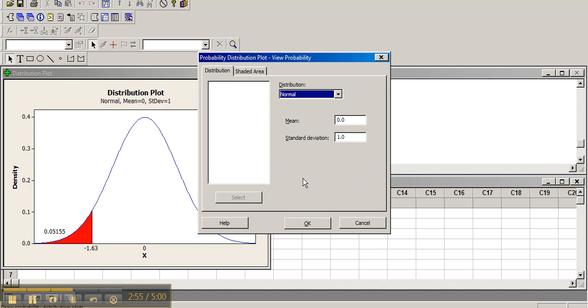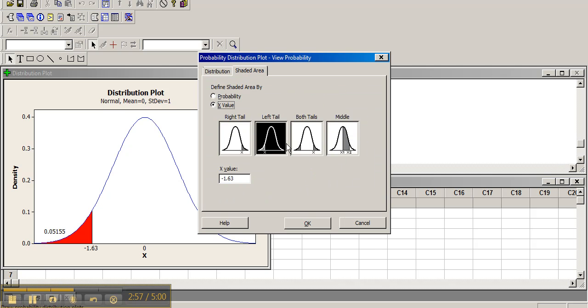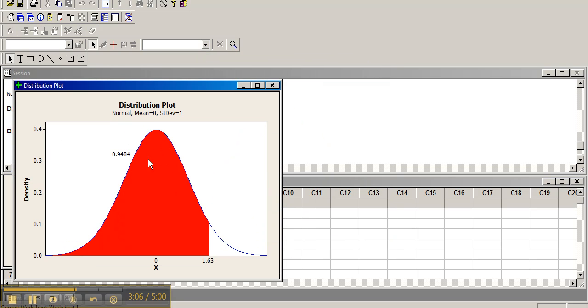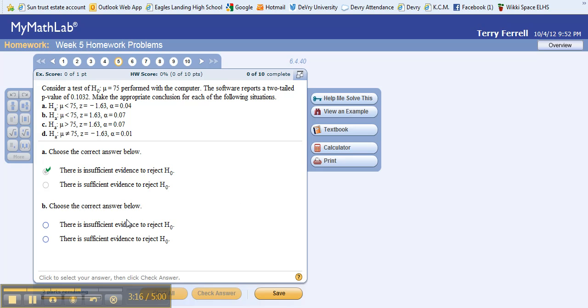It's a left-tail test, but this time it's positive 1.63. It's still left tail. Notice how large my p-value is. It's almost the entire area under the curve, 0.9484. So with that one, definitely without a question, it's greater. So this one is definitely insufficient evidence.